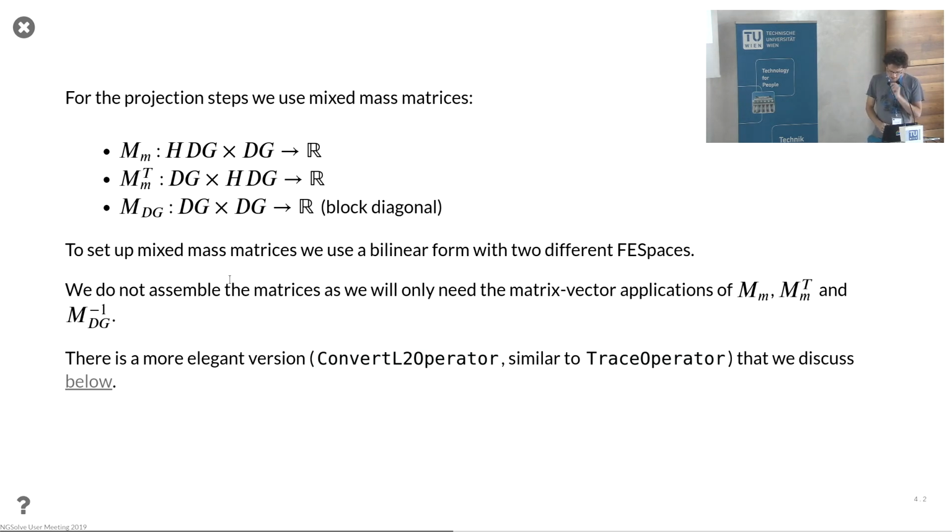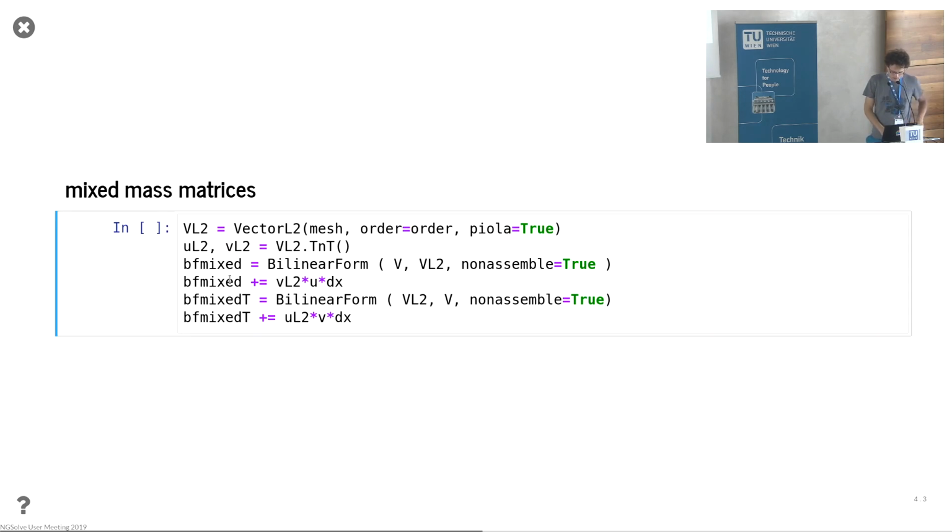Here we can do this by formulating mixed bilinear forms for the transfer operation, or you could similarly do something like the L2 convert L2 operator that we also discussed in a minute on the slides. But the straightforward way to do this is the following. So we have now the vector L2 space, which is the space in which we want to apply the convection operator.